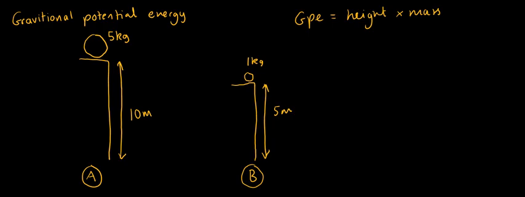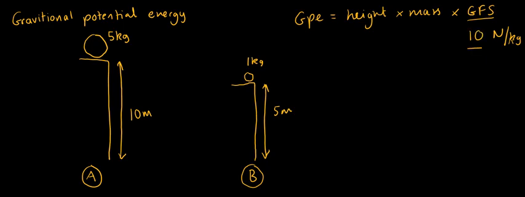There is another factor which comes into this equation, and that is called gravitational field strength, GFS. Now, the gravitational field strength on Earth is 9.8 newtons per kilogram, and often in tests and exams they can sometimes refer to it as 10 newtons per kilogram.